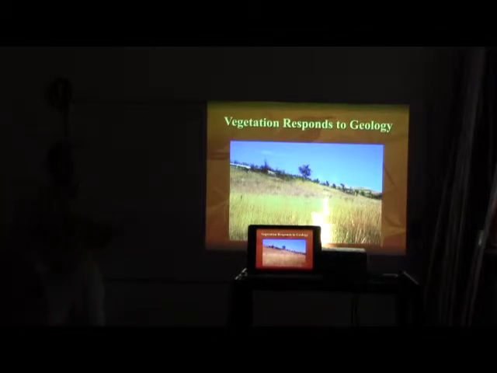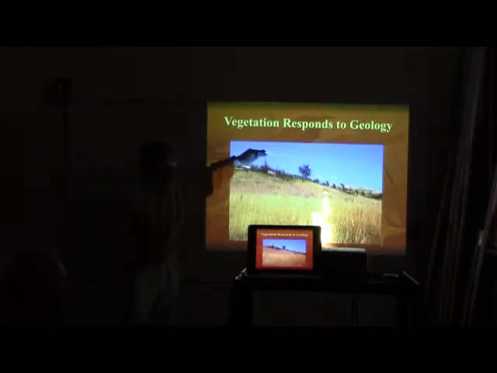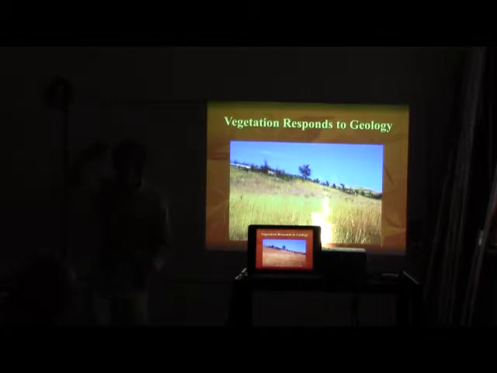So therefore, that's where trees and scrubs and shrubs can get started, because there's a higher water content at the base of those limestones than there is above and below. So if you look again out on the Konza, you'll see that the trees and shrubs form lines.